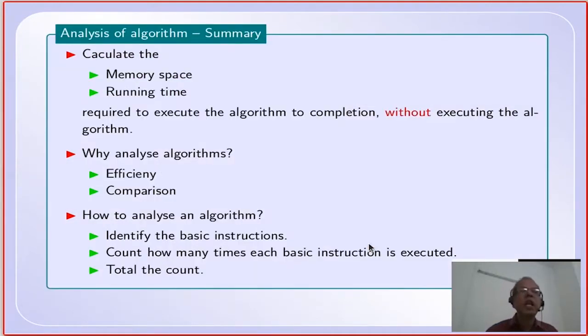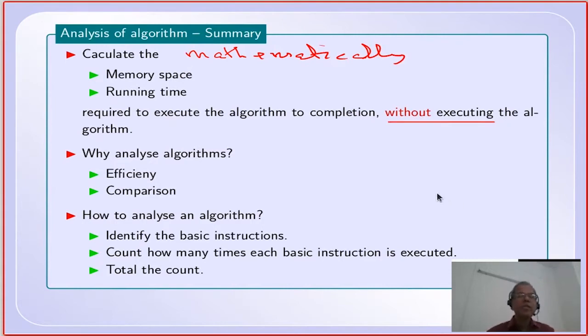All right. So till now, this is what we have discussed. We want to calculate the memory space and running time required to execute the algorithm to completion without executing the algorithm itself, mathematically. We analyze the algorithms.